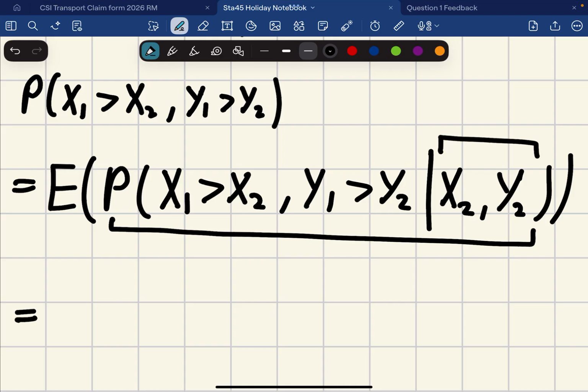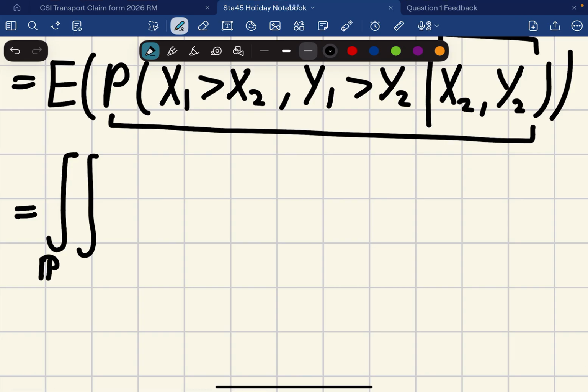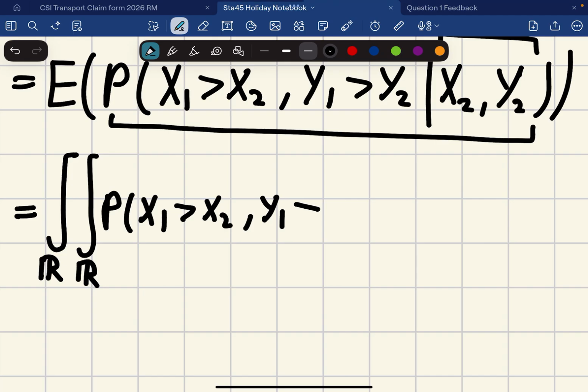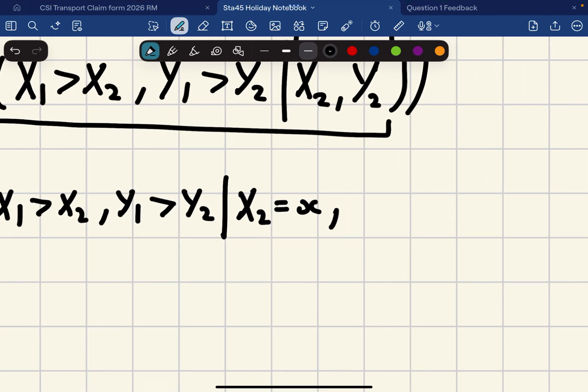So if you write it in integral form, we have double integrals. Why? Because we're dealing with two variables, x and y. This R here means from negative infinity to infinity. For lazy people, the expectation of the probability that x1 is greater than x2 and y1 is greater than y2, given that x2, now we give it a value because we are going to be summing over this x, right?